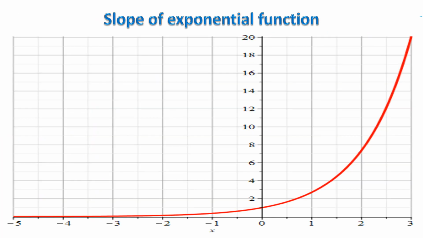This exponential function has weird properties, and the most important thing about this function is that the derivative of the function is equal to itself. d/dx of e to the power x is e to the power x.